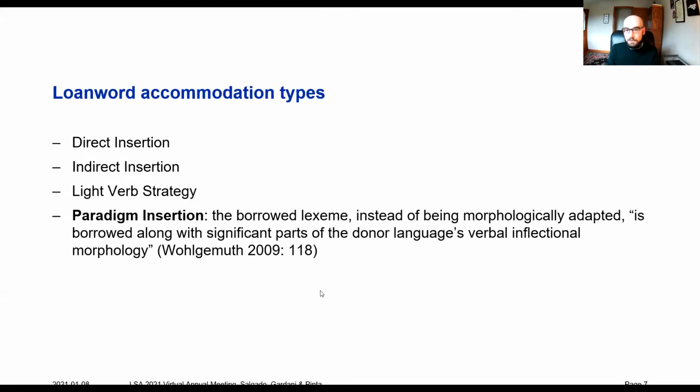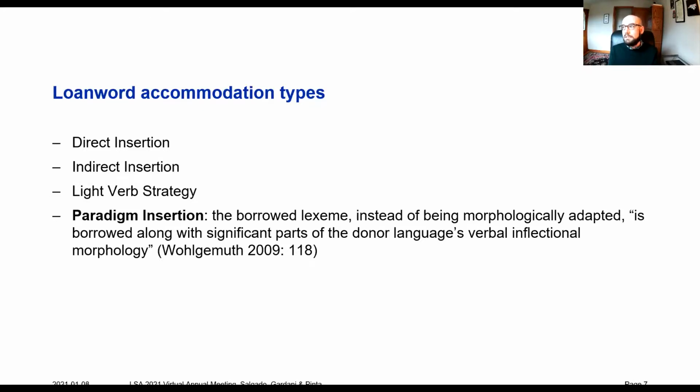And finally, we have paradigm insertion. Paradigm insertion is by far and away the least common cross-linguistically of these four. This is whenever, instead of morphological adaptation, a language just borrows a verb form along with significant parts of the donor language's verbal inflection.